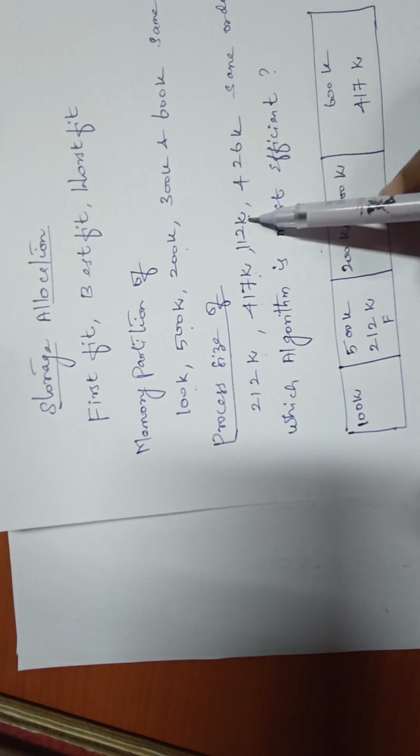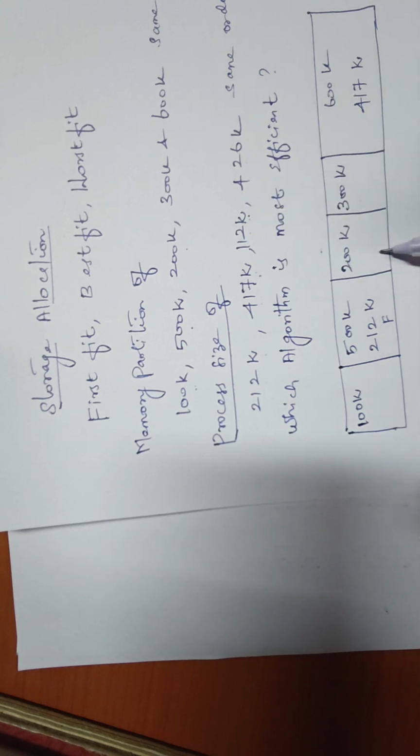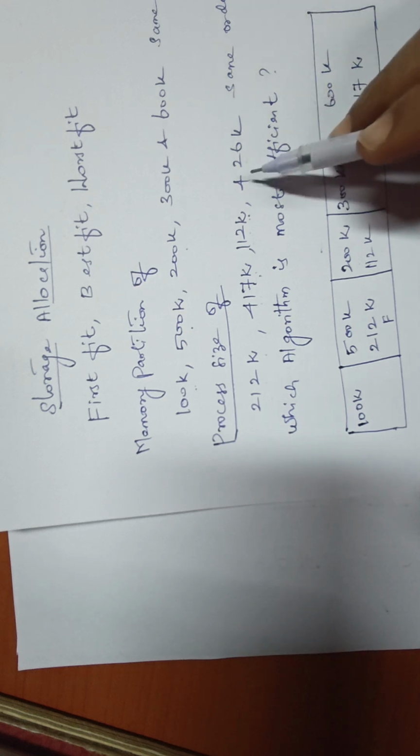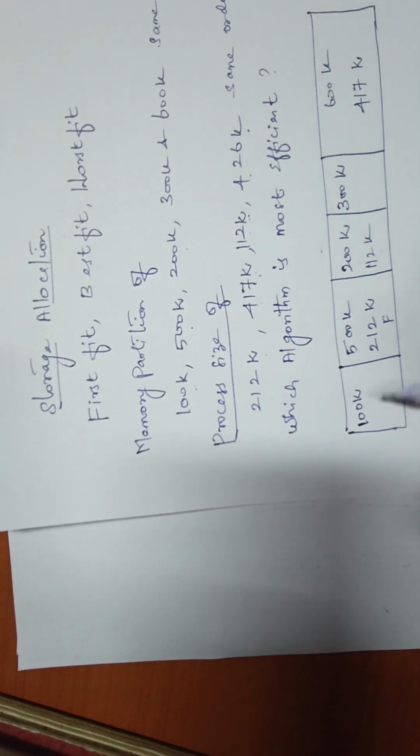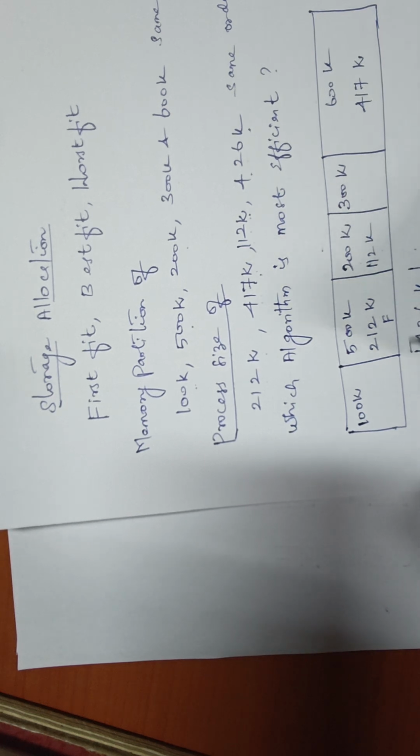The third is 112, which takes up the next free hole, which is 200, and 112 fits here. Next is 426. This cannot be accommodated in any of the available holes, so 426 cannot be fit in the available memory space. So this is the case of first fit.